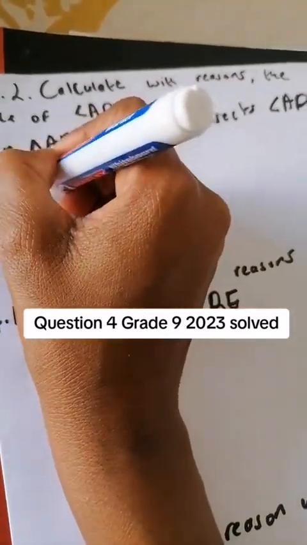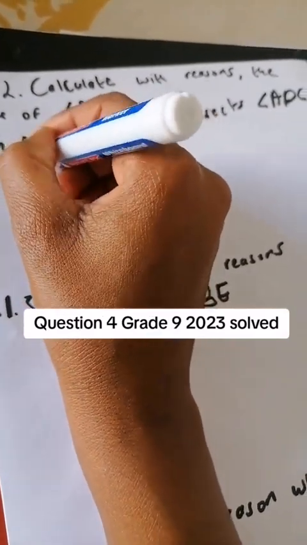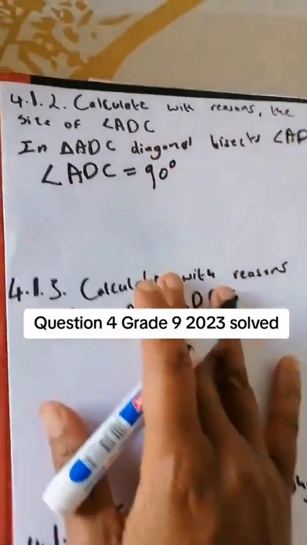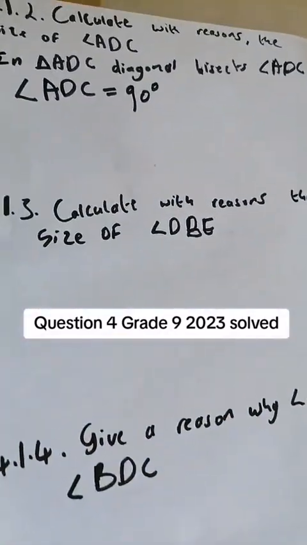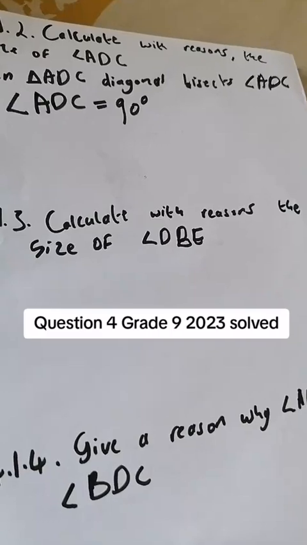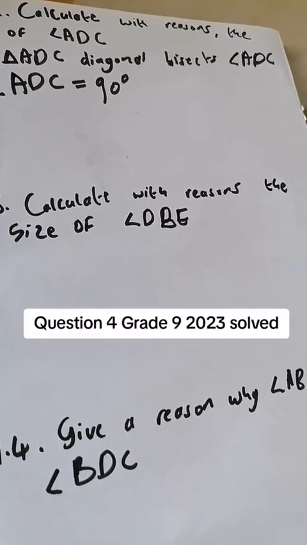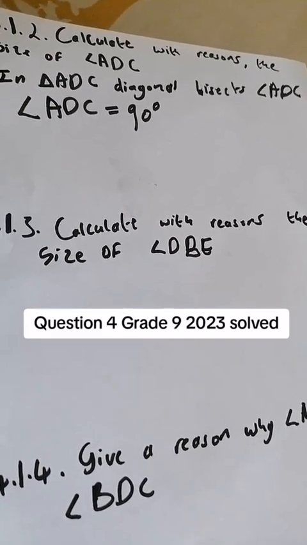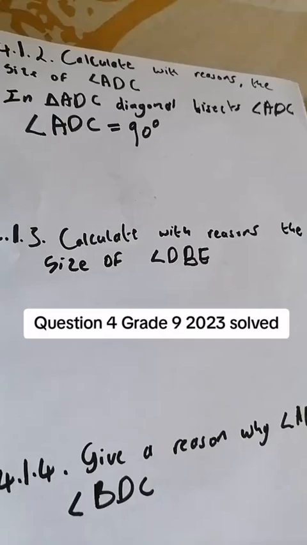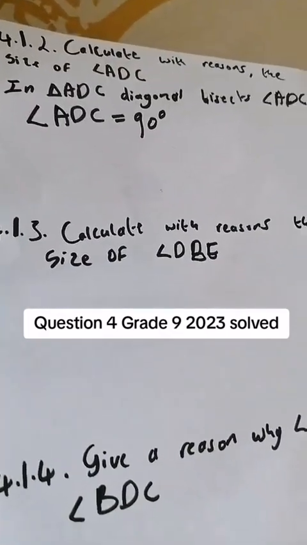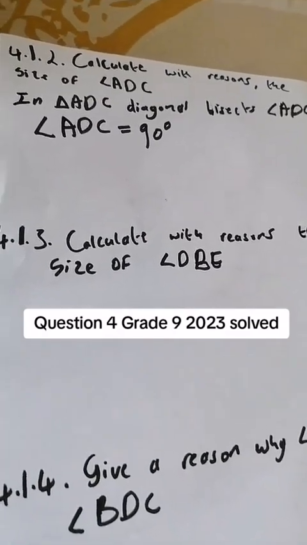This means that angle ADC is equal to 90 degrees.